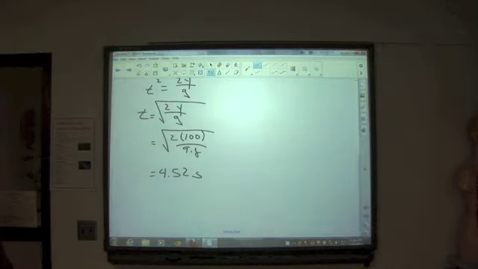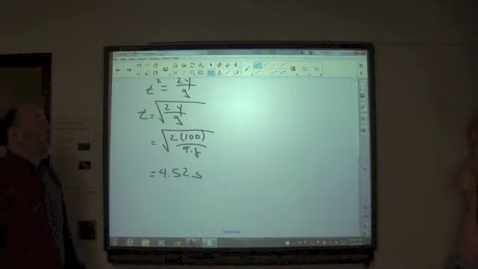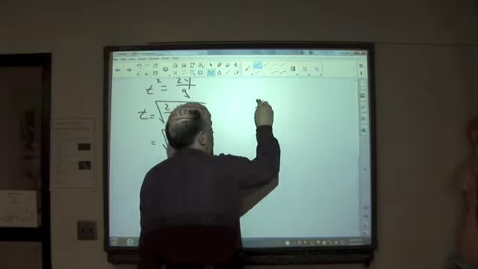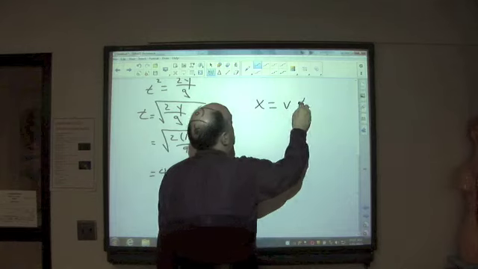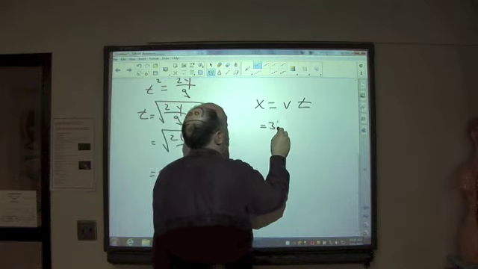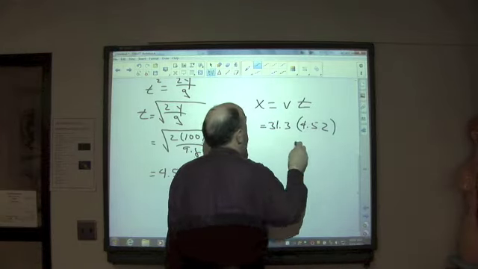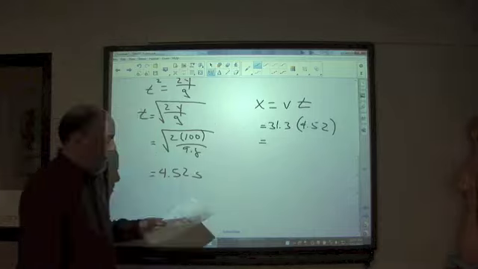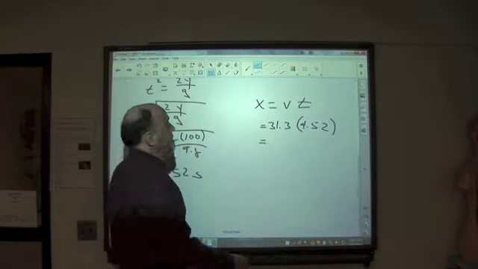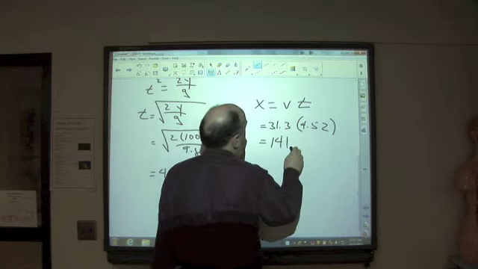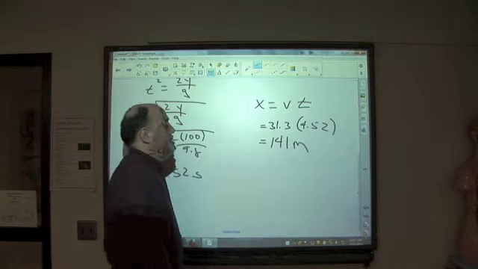Well, now that we know the time, we can figure out where it hits, because we have our basic equation that x is equal to V times t. So 31.3 times 4.52. And we figure out that the object will hit 141 meters down the road.